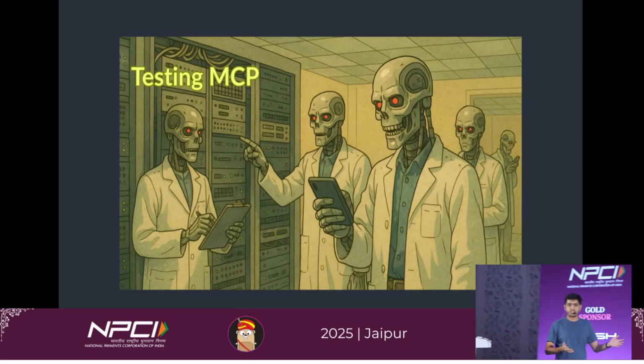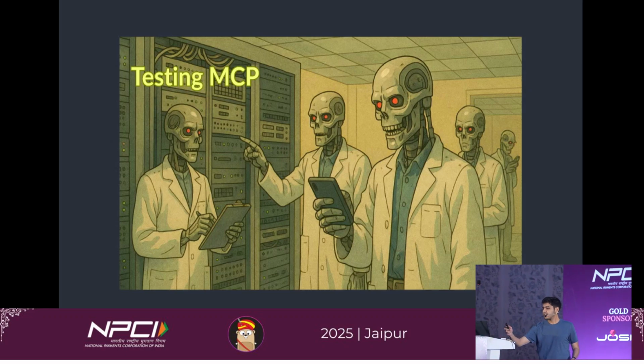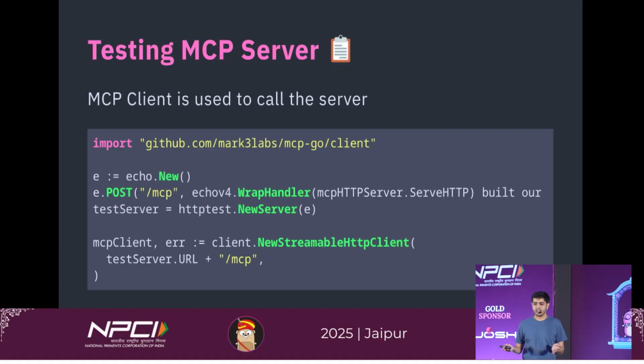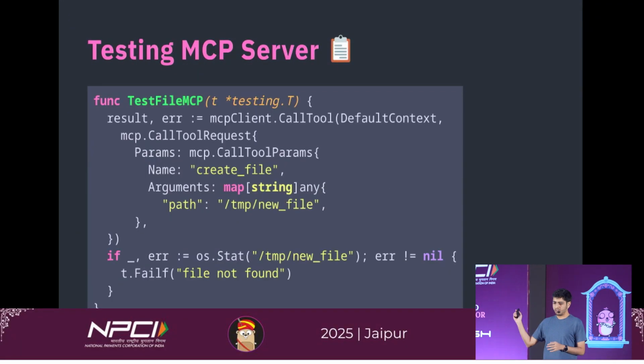But we're all responsible good devs, so we should also test the code we write. Testing MCP is not that hard. Here we are creating a client, and then using httptest, we created a dummy server. And how the tests work is, let's say we are testing create file.